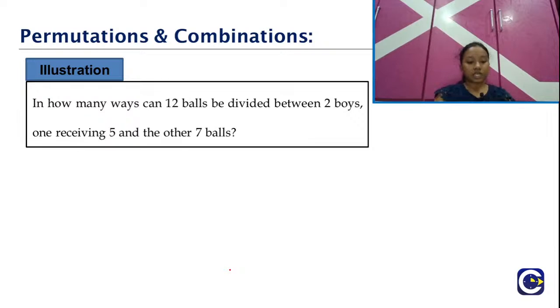Read the question, guys, and let me know if you face any difficulty, or else analyze it. Just understand the question and try to apply the concept that we have learned.